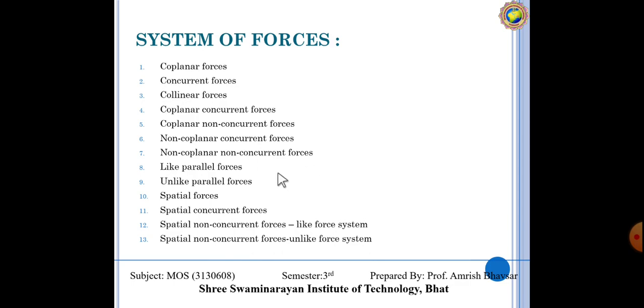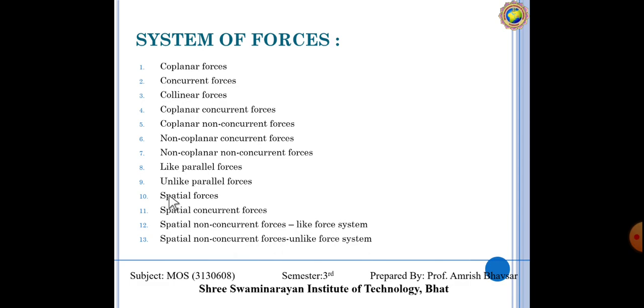Next one is like parallel forces, means forces are acting parallel to each other, but like parallel means the direction of those forces is the same. If there are 4 forces, all going upward parallel to each other, that is called like parallel forces.